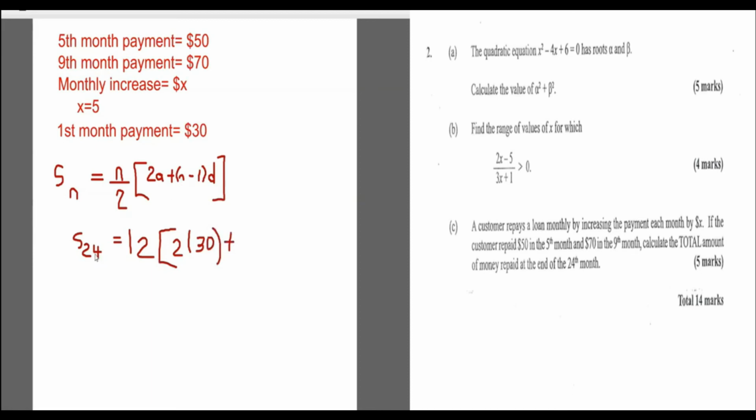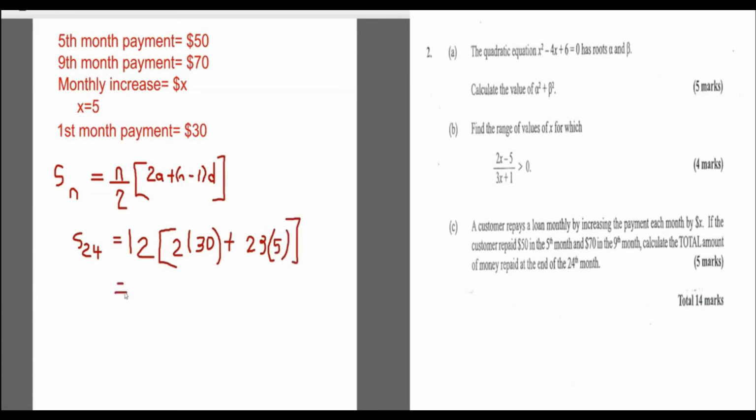N is 24, and 24 minus 1 is 23. And 23 is then multiplied by the monthly increase, which is 5. This will give you the sum that would have been paid for the first 24 months.